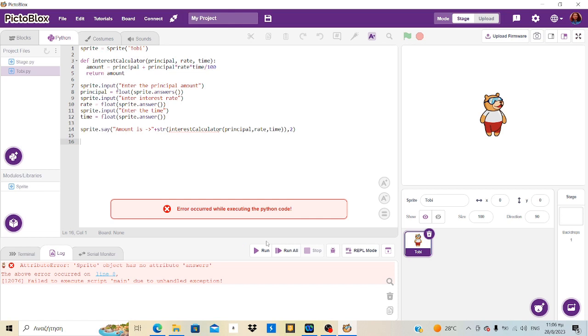Okay. So attribute error: Sprite object has no attribute answer. The above error occurred on line 8. So let's see what's going on. Principal, float, sprite answers.